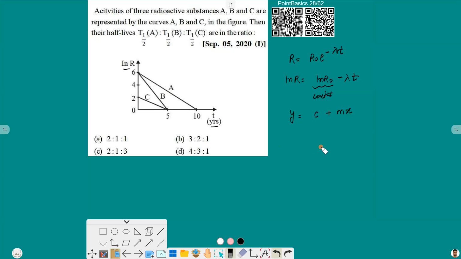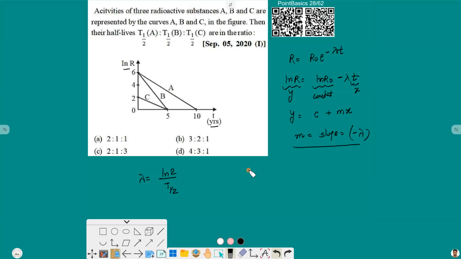Here the slope m will be equal to minus lambda, because ln R is acting as y and time is acting as x. And we know that lambda is ln 2 by t half.